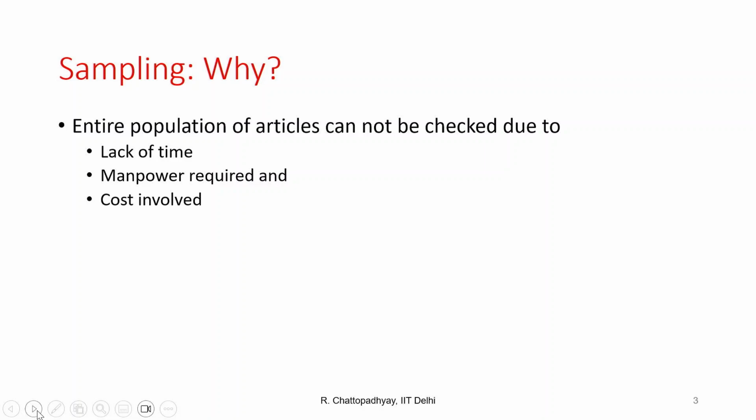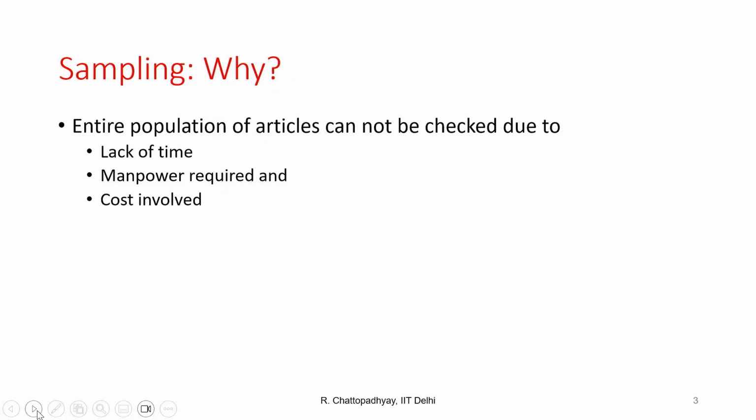We really cannot test the entire population because we do not have time. It needs so much time that an industry may not have that much time in checking each and every item. Then the manpower that is required.